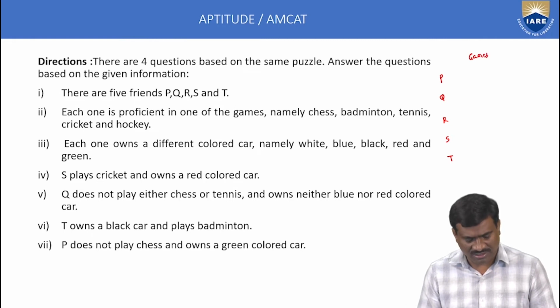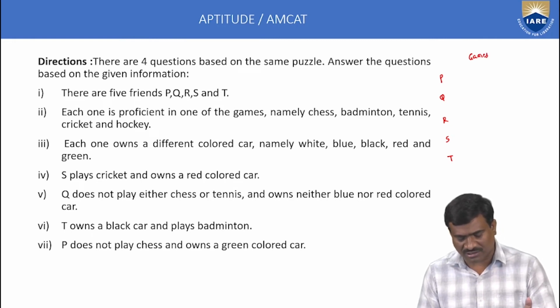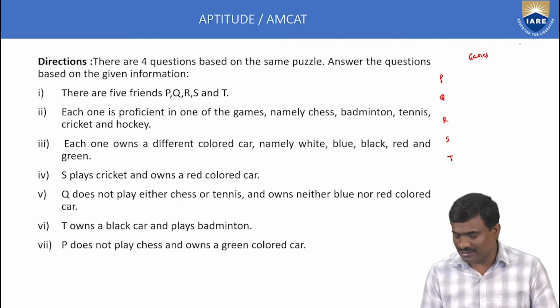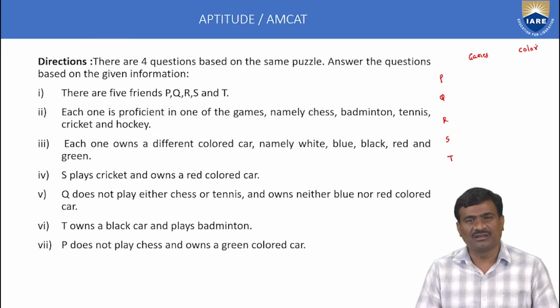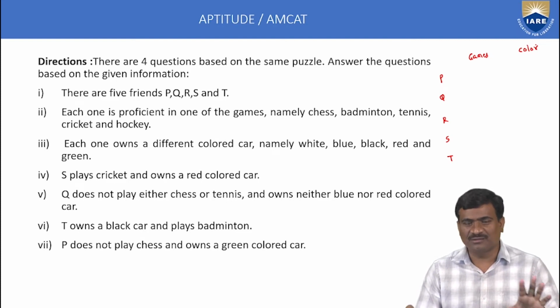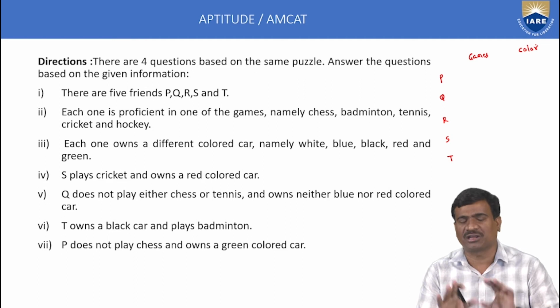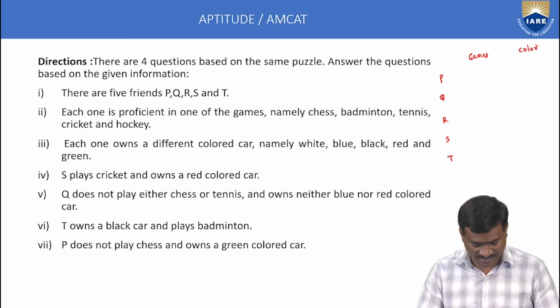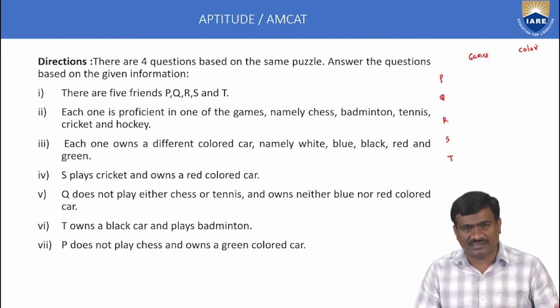Third column, each one owns a differently colored car, namely white, blue, black, red and green. This depends only on 3 conditions: persons, colors and games. By using this information, draw the table. Table completed. Next, fill in the basic information.